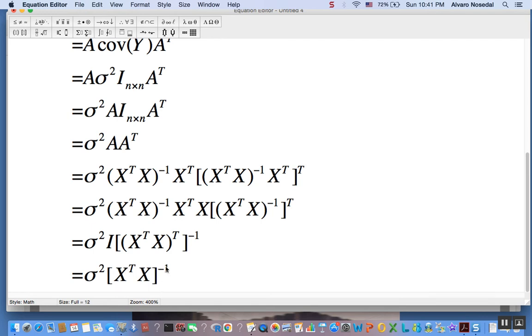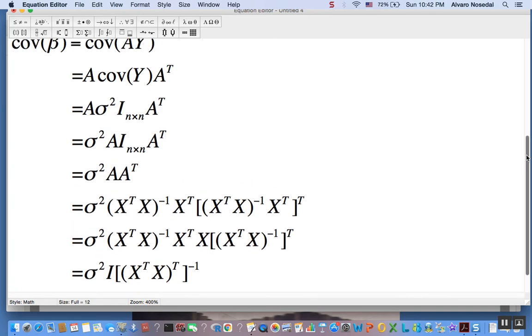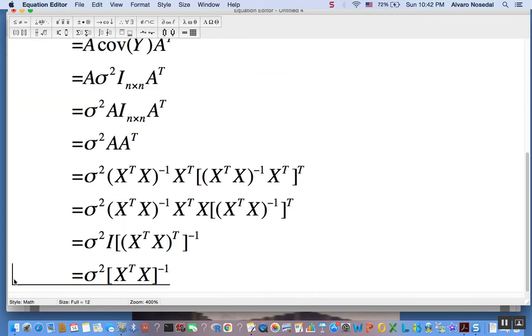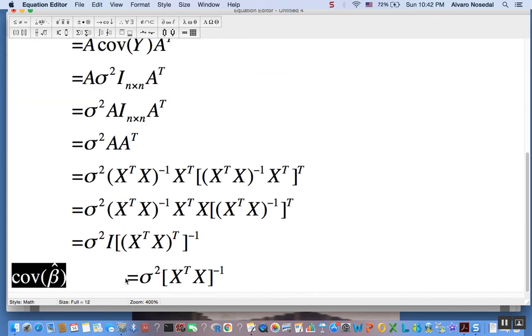It is not impossible, it is doable. But then you're going to be able to very quickly find the covariance between the parameters beta 0 and beta 1, okay, with this expression. So anyway, what we have done here is we have found the covariance of beta hat.